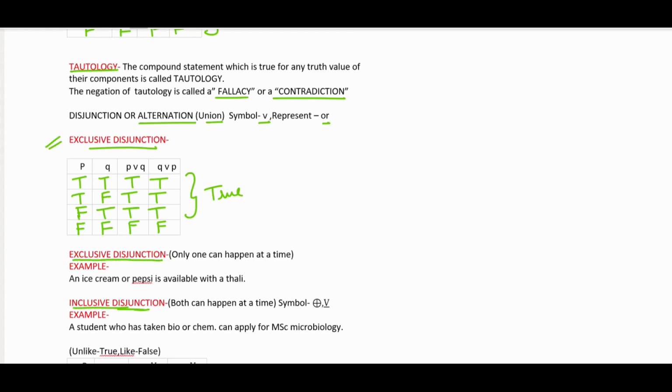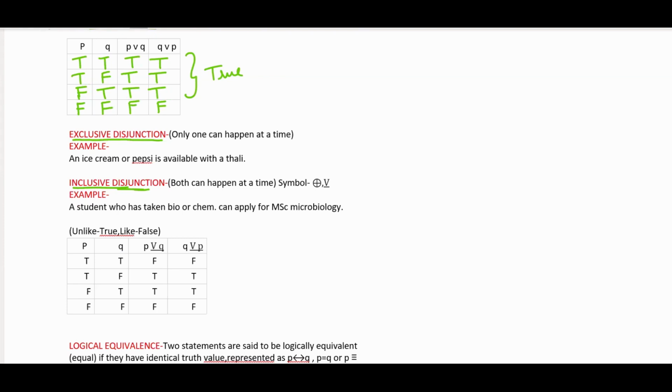And for inclusive disjunction, you have to keep in mind that both can happen at a time, and the symbol for inclusive disjunction is either this or this. So the example is a student who has taken bio or chemistry can apply for MSc microbiology. If a student has both the subjects, then again he can apply for MSc microbiology. So that means both can happen at a time.